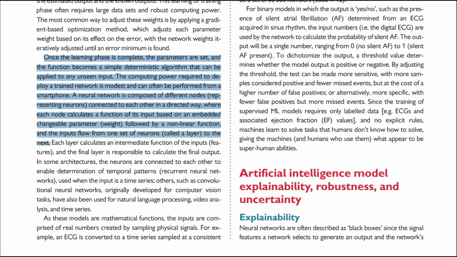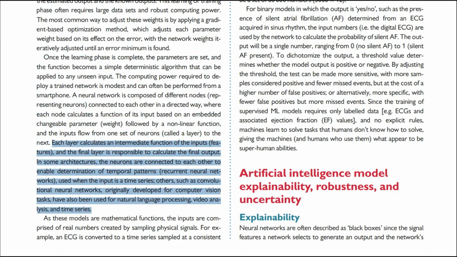A neural network is composed of different nodes, representing neurons, connected to each other in a directed way, where each node calculates a function of its input based on an embedded changeable parameter, weight, followed by a nonlinear function, and the inputs flow from one set of neurons, called a layer, to the next. Each layer calculates an intermediate function of the inputs, features, and the final layer is responsible for calculating the final output.